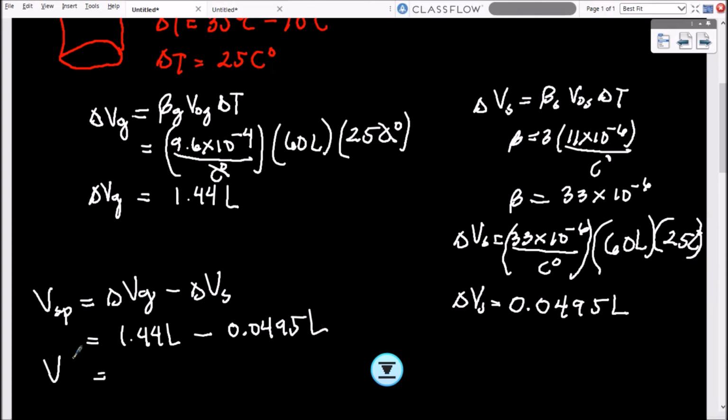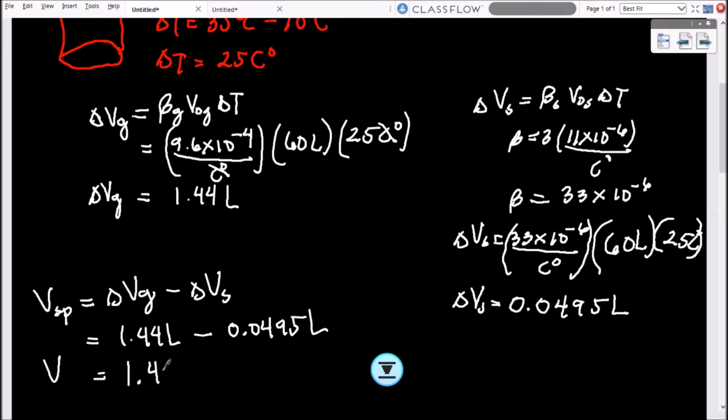So the amount of volume that spills out when both are warmed up to 35 degrees Celsius would be 1.44 minus 0.0495.